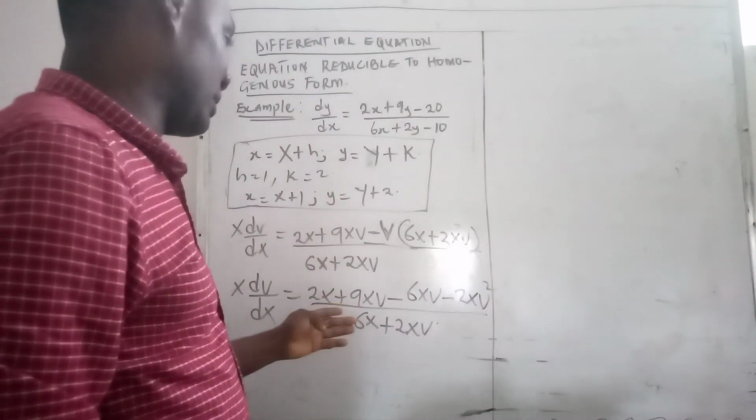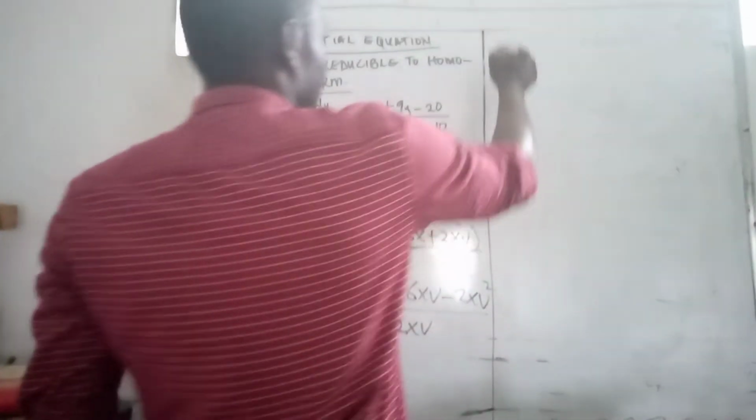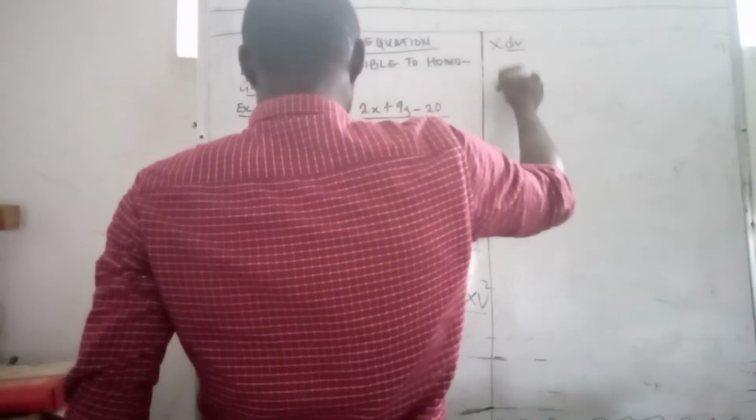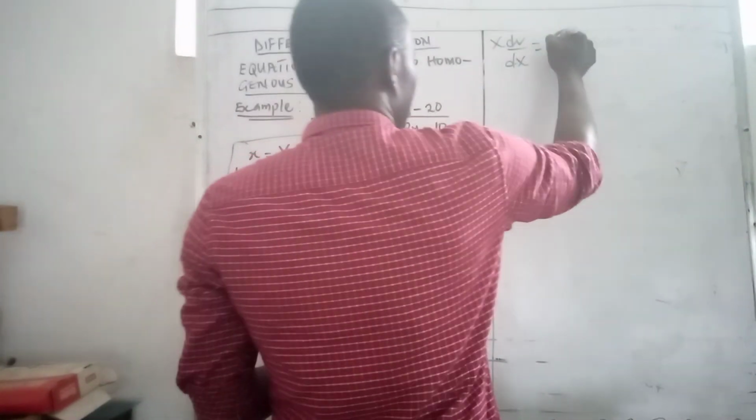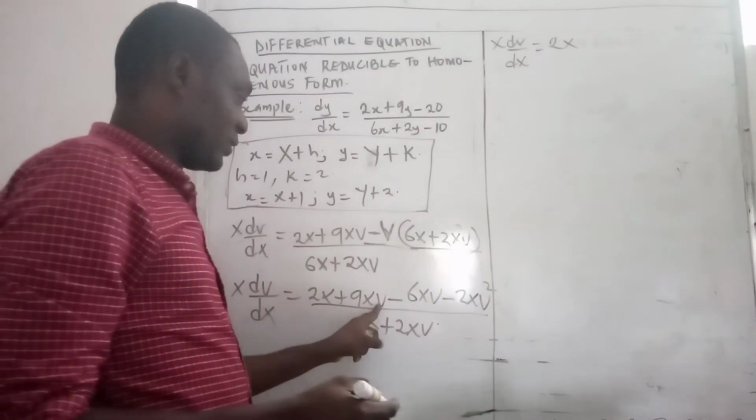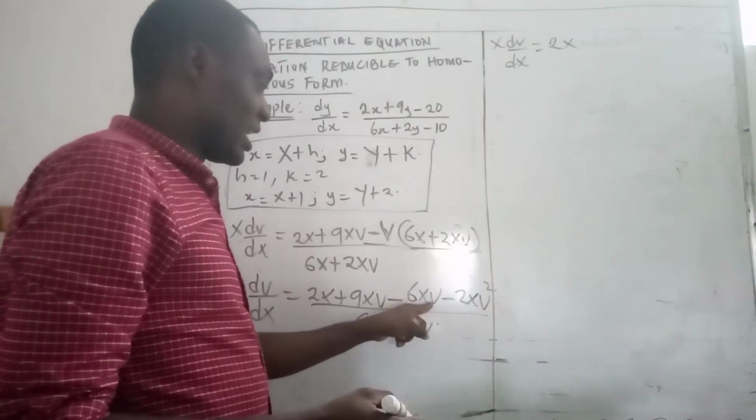So let's collect the like terms. So I'm going to have x dv/dx equals 2x. So I have 9xv minus 6xv are like terms.